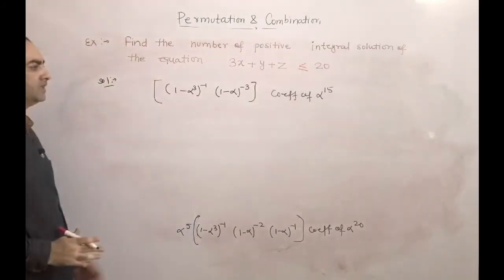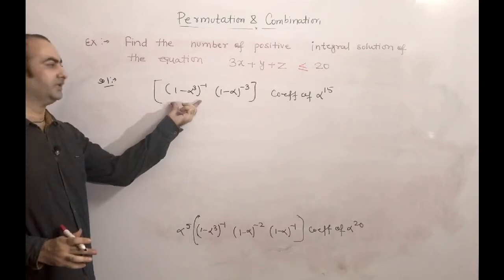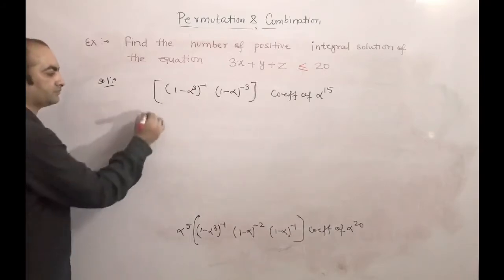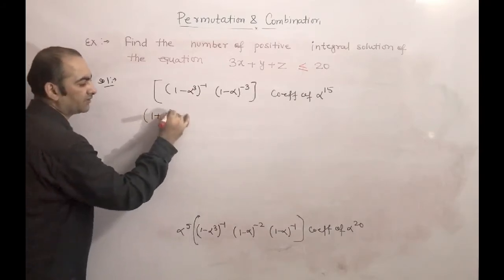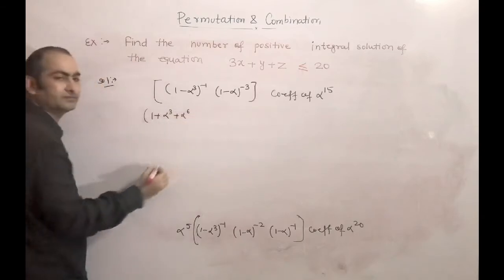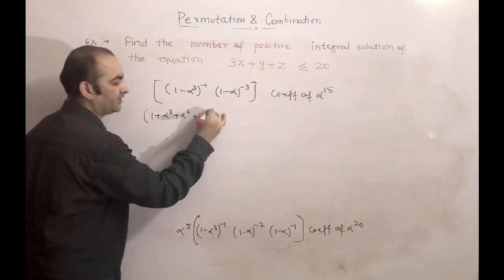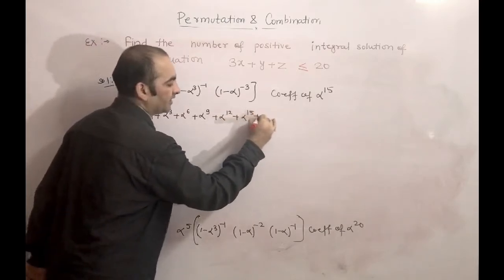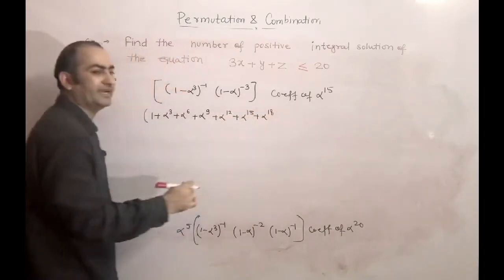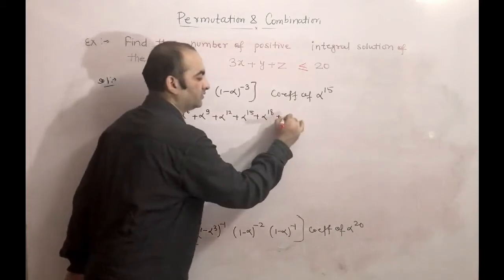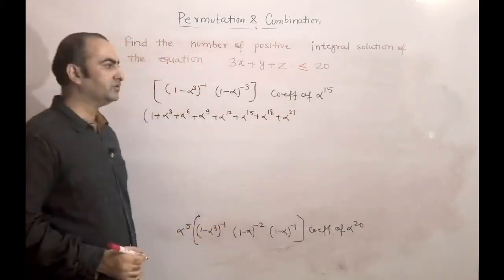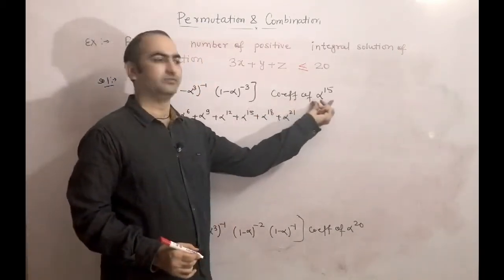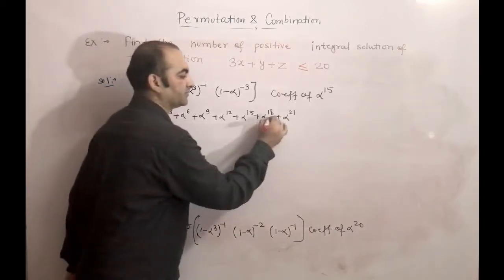So what you will do, this series expansion we know. If you expand this one, what will come: 1 plus alpha cube plus alpha power 6 plus alpha power 9 plus alpha power 12 plus alpha power 15 plus alpha power 18. Okay, and next term is alpha power 21. Because we want the coefficient of alpha power 15, we can neglect these terms.